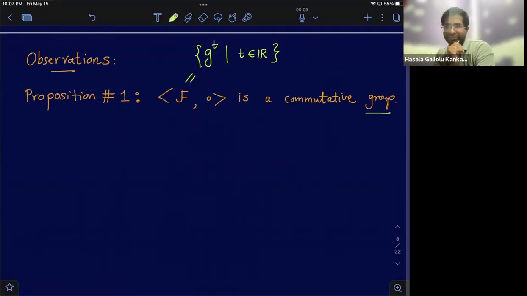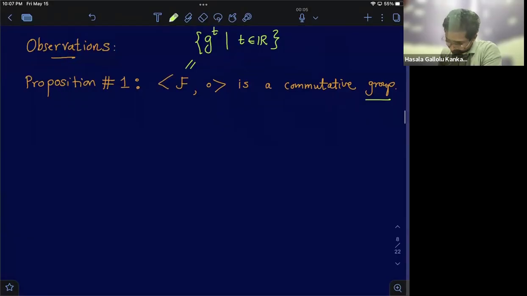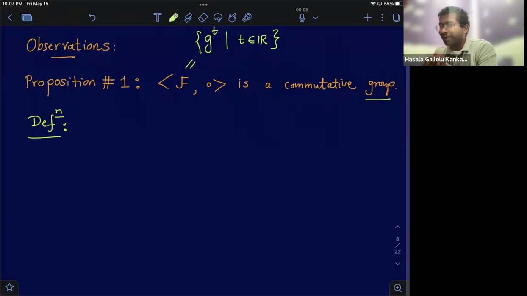Just in case you have not seen it, the definition of a group would be like this. I'm just giving you this definition just to make it self-contained.